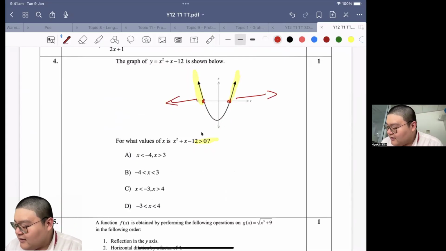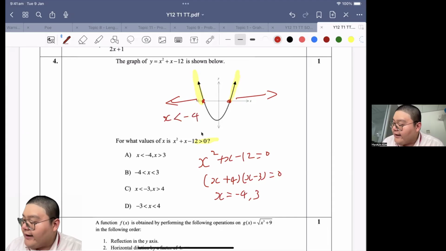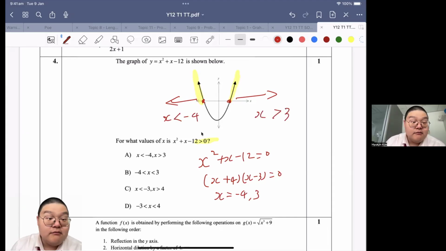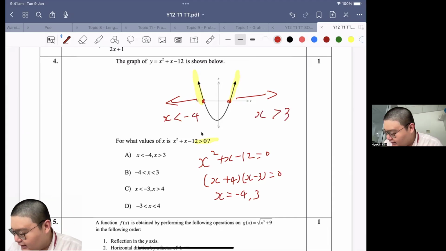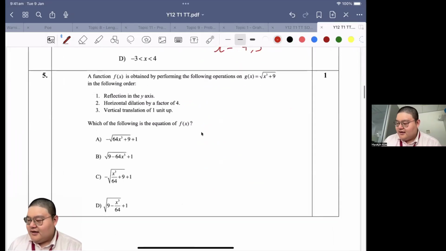Well, I know as a matter of fact the x-intercepts for these are like this. So that means x equals -4 and 3. So that means x has to be less than -4 and x has to be greater than 3. How good is my life? What am I looking at? I'm looking for A. Okay, we move on.